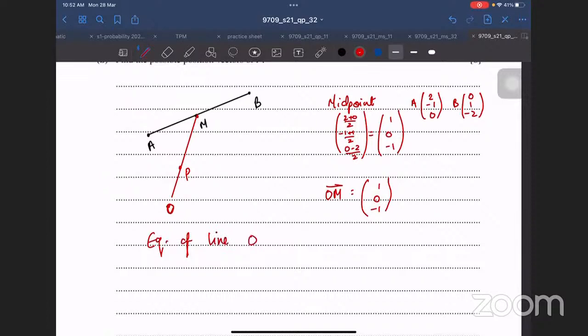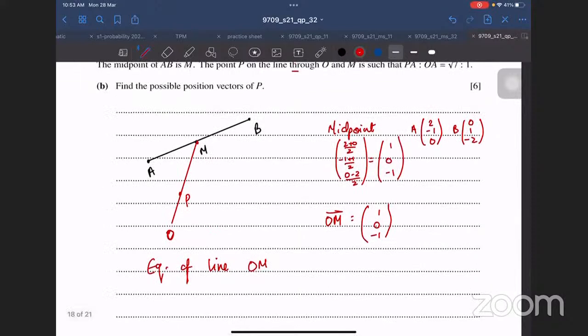हेलो, AB का midpoint लोगे तो half of AB करोगे तो AM आएगा. मैंने half of AB नहीं किया, I treated them as coordinates, 2, -1, 0.